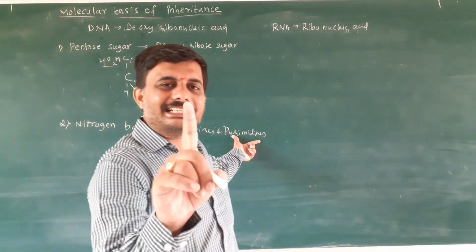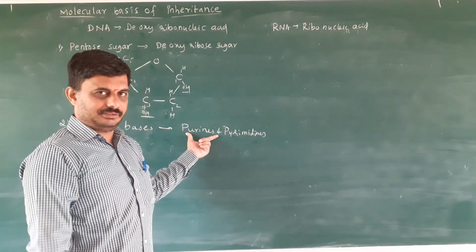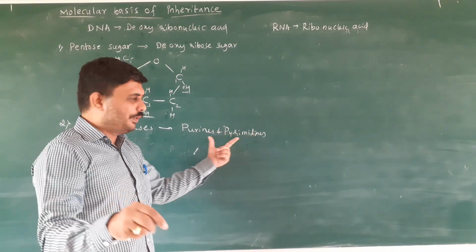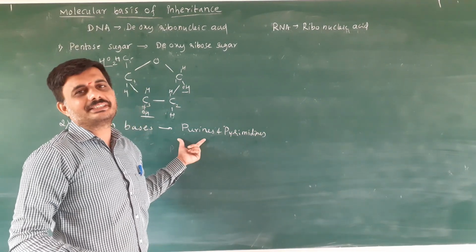Pyrimidines are single ring structures, whereas purines are double ring structures. When the imidazole ring is attached to the pyrimidine ring, it becomes the purine ring structure.